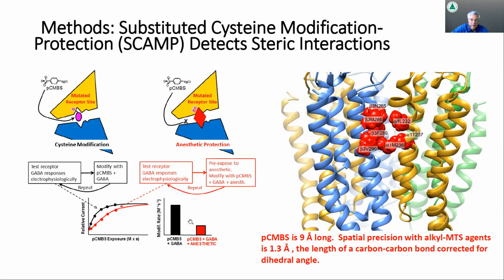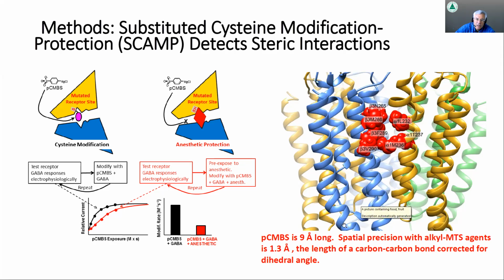And we can then infer that there's steric interactions. On the right is a close-up model of the transmembrane interface between alpha on the right and beta on the left, with a number of residues highlighted that were identified using PCMBS and SCAMP.